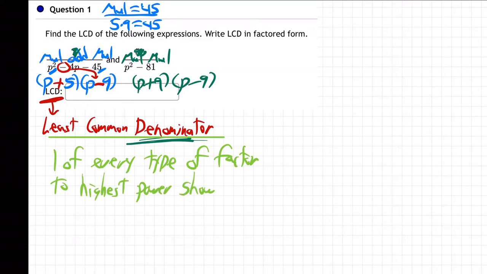Let's do that. So in other words, it's only one of every type. So you look at the P plus 5, P minus 9, the P plus 9, and the P minus 9. I'm only going to take one of every type.